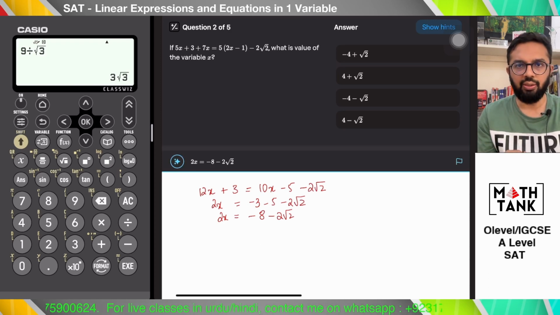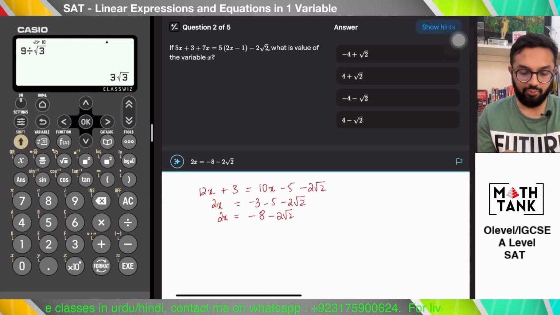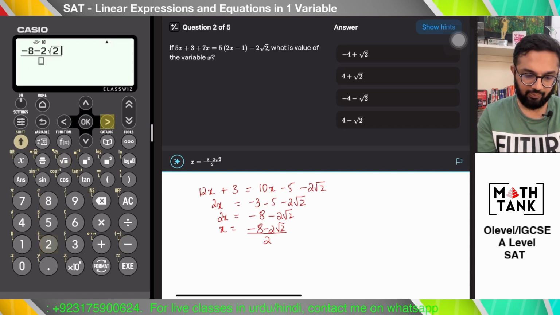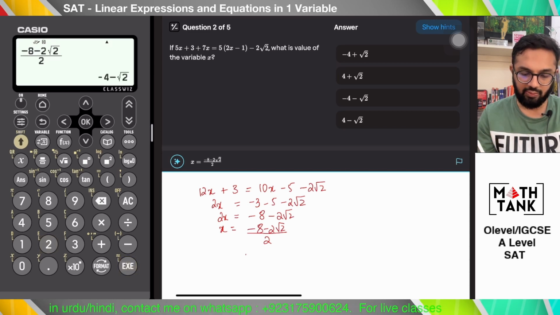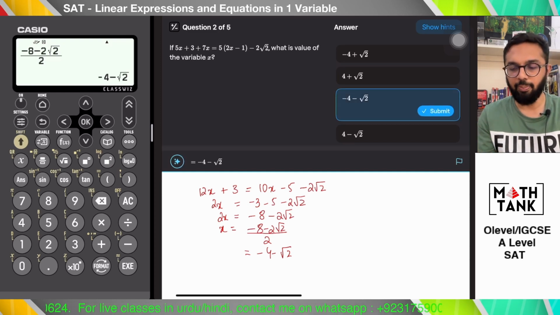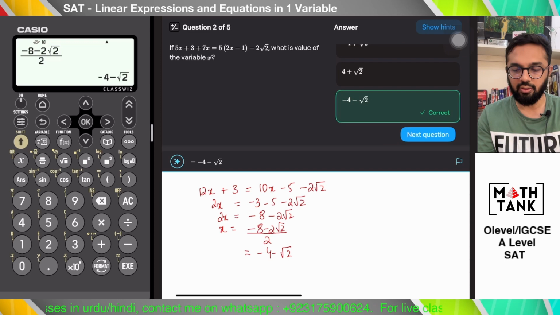Now, on the exam, if you're confused, I know that the 2 is going to get divided to the other side, and I think my calculator will be able to handle that for me. Let's try. Minus 8 minus 2 root 2 divided by 2. So minus 4 root 2. Okay, if you are doing it manually, then you divide both 8 and 2 root 2 by 2 to get your correct answer.